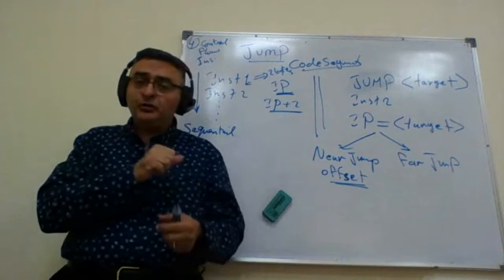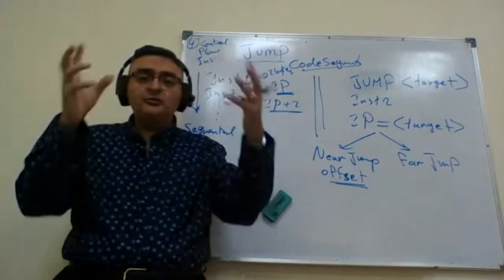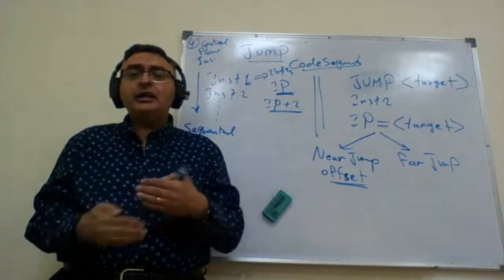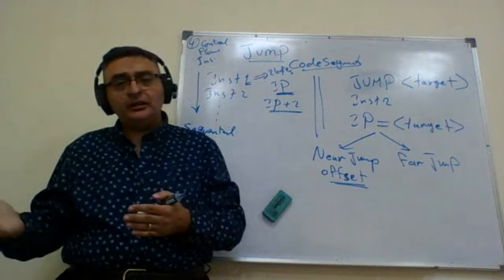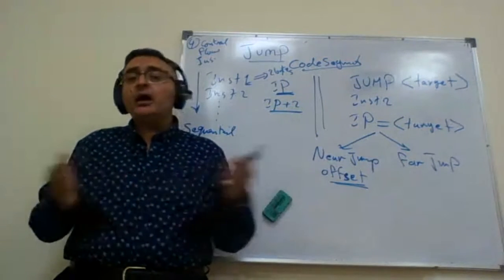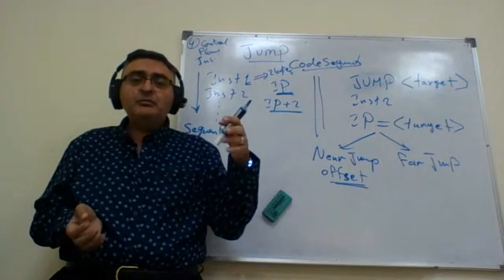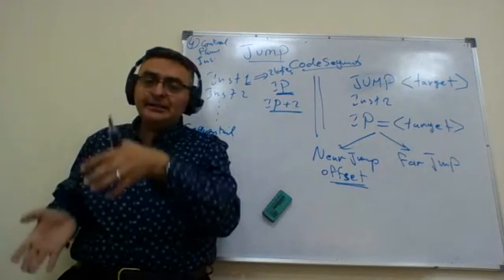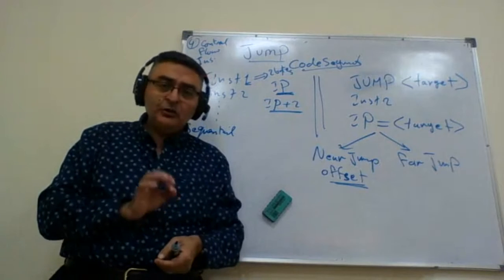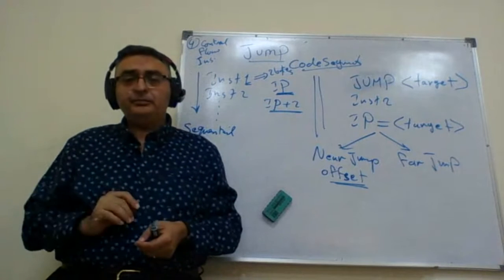As we mentioned before, the extra segment is one free segment that I can utilize either for data or for code. If my code cannot fit in the code segment, I will start utilizing the extra segment for the code.